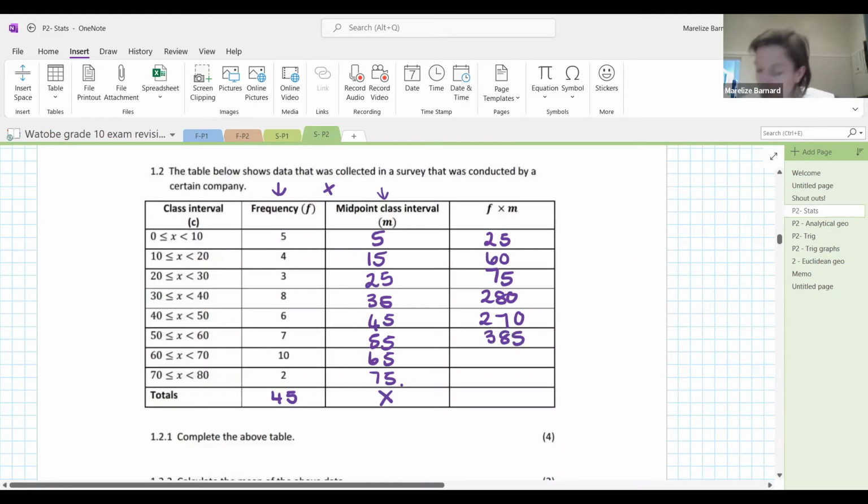Okay, Anamika says 1895. Any other answers? Mitchell's got an answer for the estimated mean already, I think.